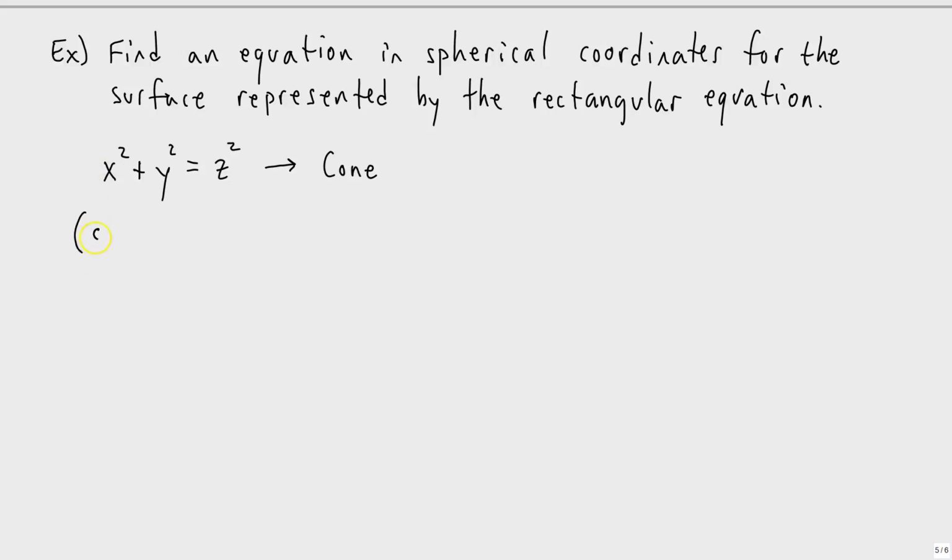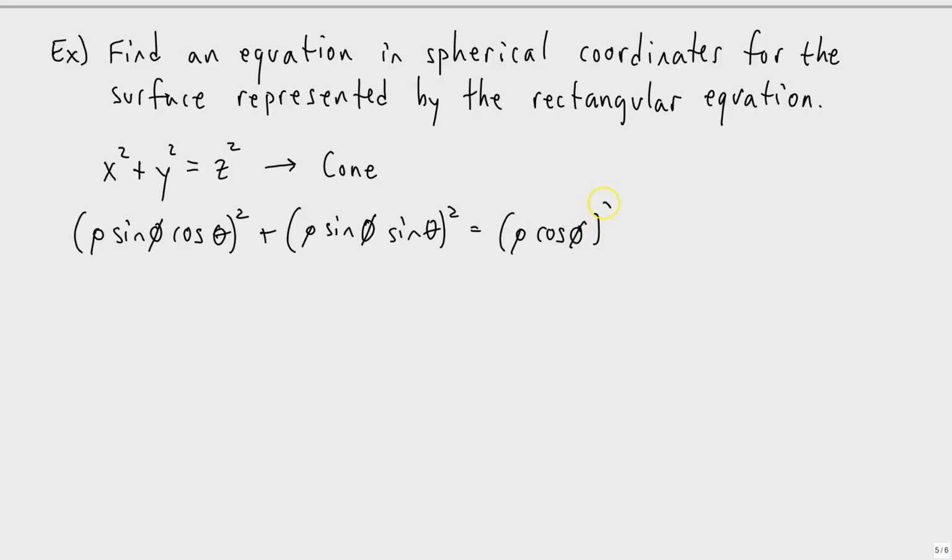So x is rho sine phi cosine theta, but we're going to square that. And then y is rho sine phi sine theta. We're going to square that. And then z is rho cosine phi. We're going to square that.